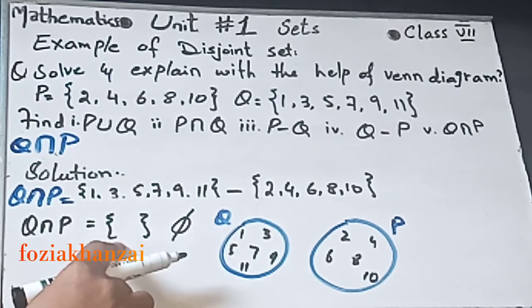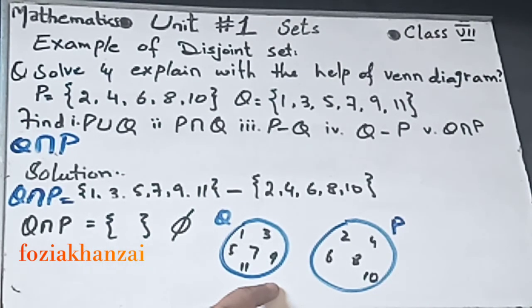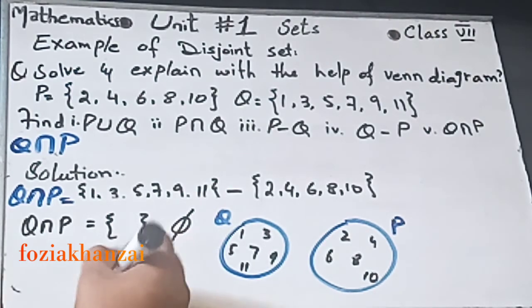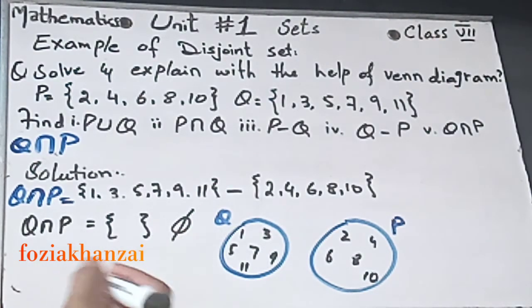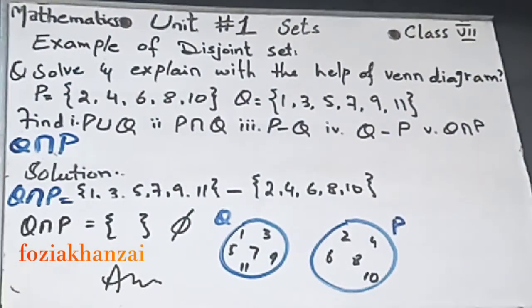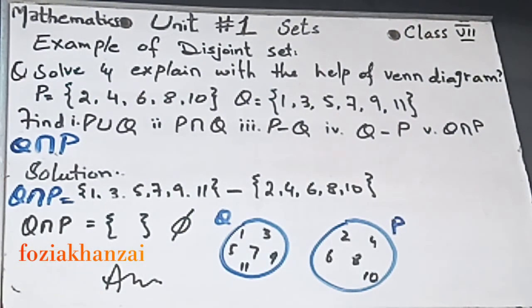Is it clear? Null set without color or shade. Correct Venn diagram? So Q intersection P, null set would be the answer of the last part. Finish. Thank you so much.